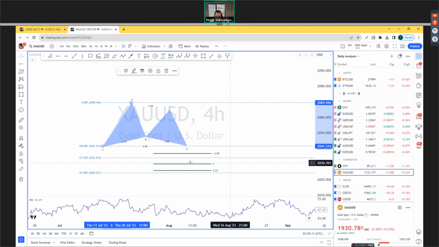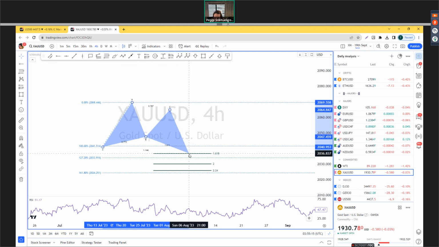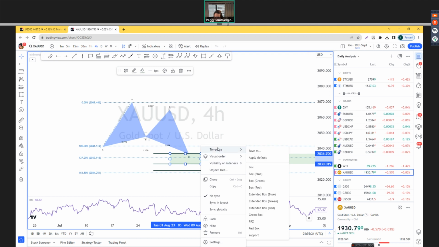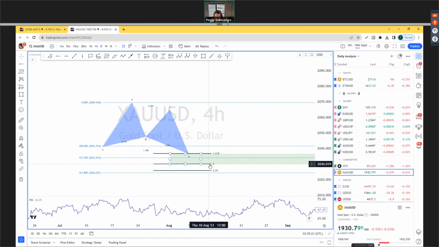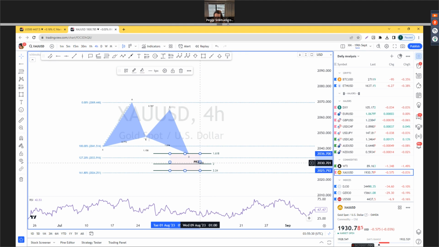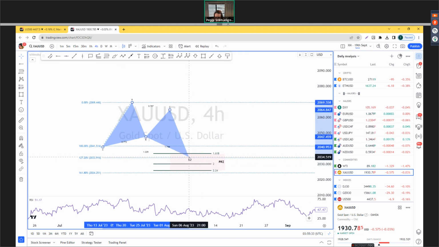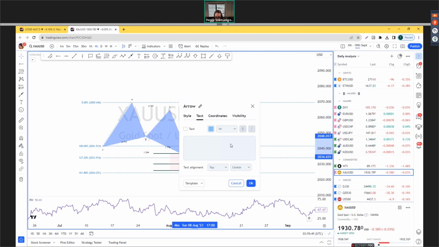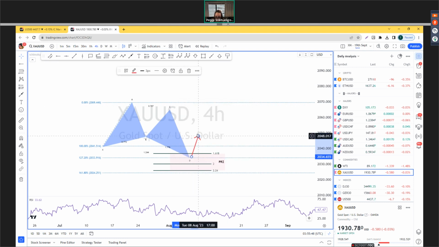So basically my PRZ zone should be somewhere around here. This could be the zone for my butterfly. Then we wait for the price to come to the zone and we buy from here or buy from here.